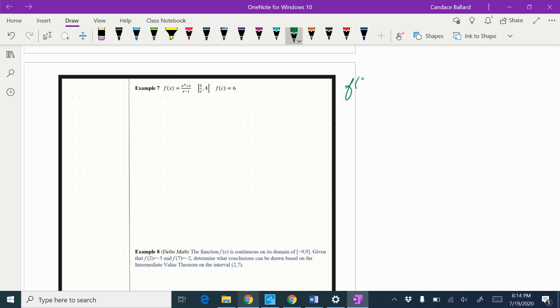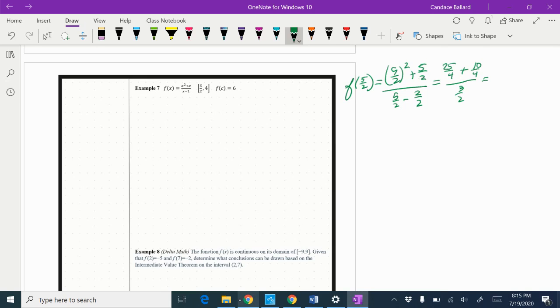So I've got to put in f of 5 halves. I'm putting 5 halves into this mess, which is truly a mess. So we've got 5 halves squared plus 5 halves over 5 halves minus 1, which I could rewrite as 2 over 2. 5 halves squared is 25 fourths, and I'm going to make this into fourths, so that would be 10 fourths over 3 halves.